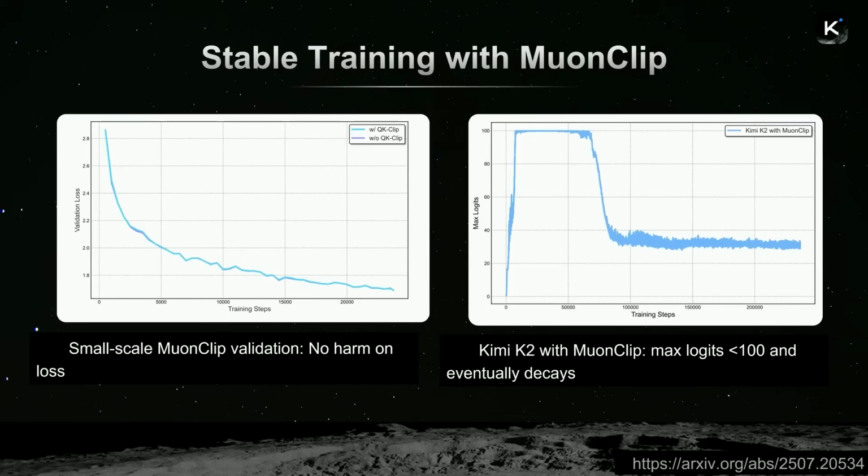It first explodes as before, but at the value of 100, it is clipped at a constant value for a long time. And then after a certain number of steps, it just naturally goes down. So the neural network finds a way to constrain the maximum value of the max logit to ensure a stable training process. And at the same time, it doesn't affect the training convergence, as shown in the left figure.